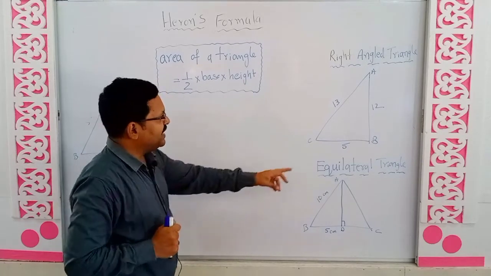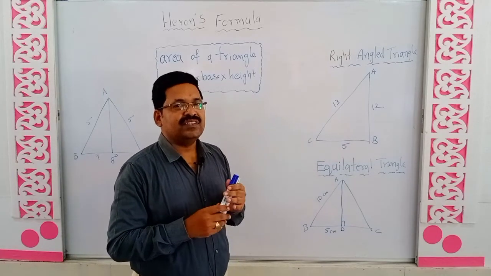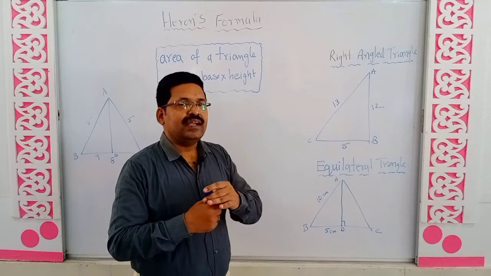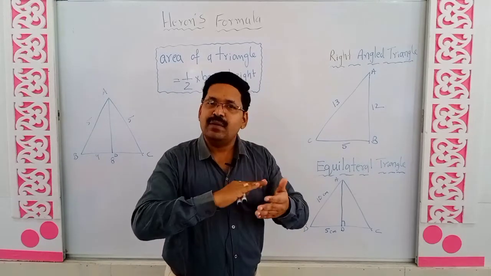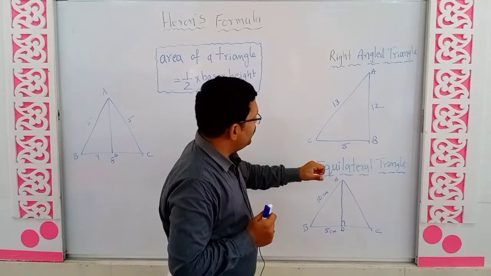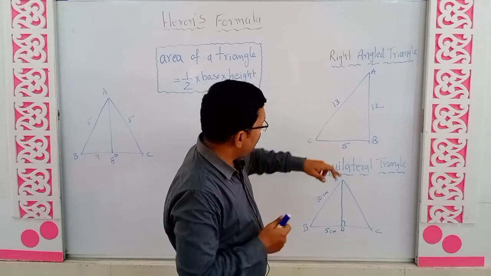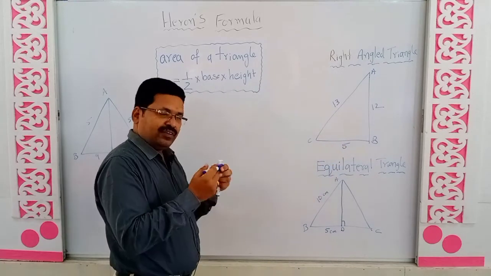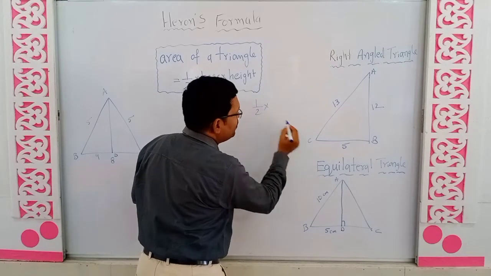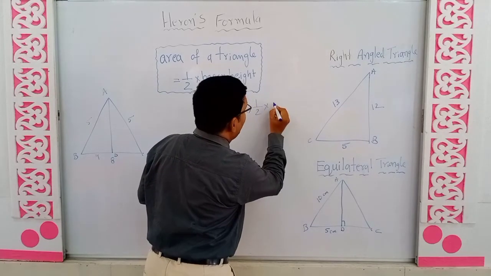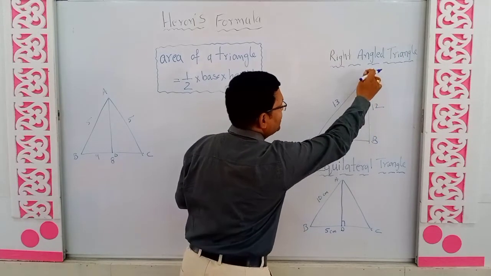If we are taking a right angle triangle, what is the area of this right angle triangle? In the right angle triangle, the perpendicular itself is the height and the base is the base. So let me solve it for you. What is the base here? 5. Half into base into height. What is the height here?